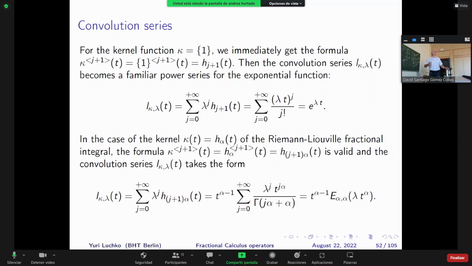And of course, one of the problems: what is a function? How can we save the function in the framework of a computer algebra system?